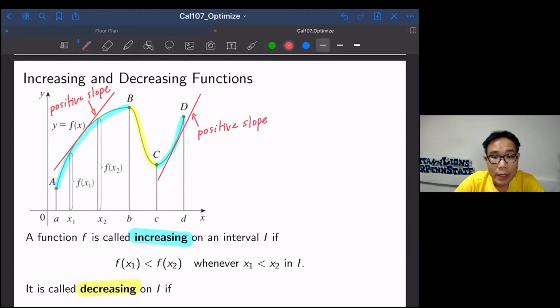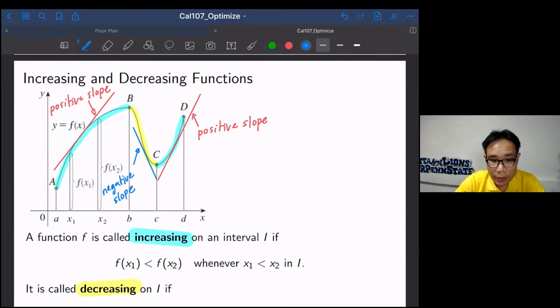And if you draw a tangent line from B to C, what you may have turns out to be like this. This one turns out to be negative slope.